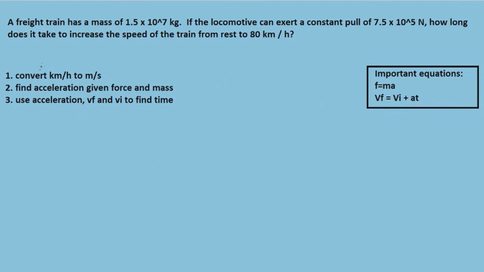So, first we are going to convert kilometers per hour to meters per second. So, we have 80 kilometers per hour, which we want to convert to meters per second.